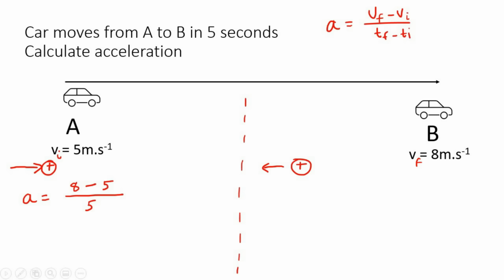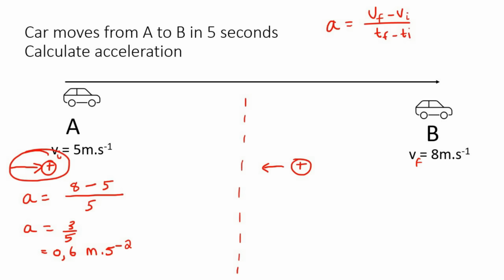You could say 5 minus 0, but it's not necessary. Now, if we calculate that, that would be 3 over 5, which is 0.6. Now, the units of acceleration is meters per second, but then you put a power of -2. If it's velocity, you put a -1, but with acceleration, you use a -2. Now, have a look at this, guys.